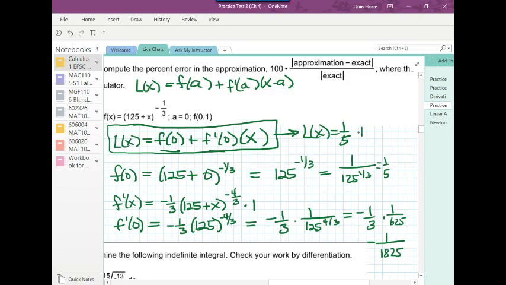Well, 125 to the 4/3 is the cube root of 125, which is 5, raised to the 4th power, which is going to be 625, I believe. Oops, I forgot my 1/3 here.